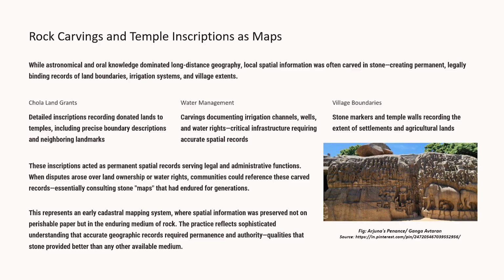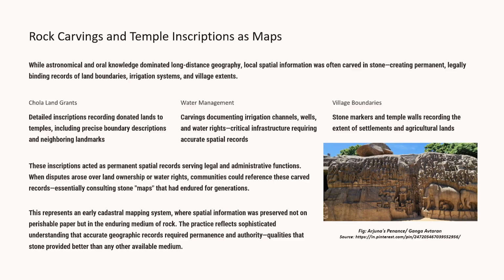Red and green colors were used to paint their places: their spiritual places, their prayer places, their food places, and the places where they could take a dip in the water. All those things are there in the Hindu tradition, Jain tradition, and Buddhist tradition. Therefore, these are the rock paintings and rock carvings where maps were initially produced.